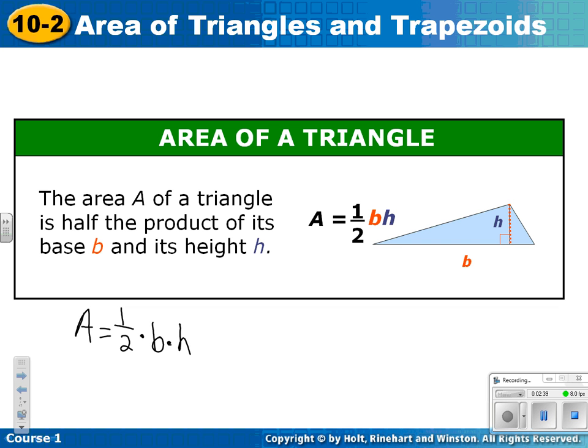Here's another way to think about it. Multiplying by 1/2 is the same as doing what? Multiplying by 0.5, what else? No. It's the same as dividing by what? 2.